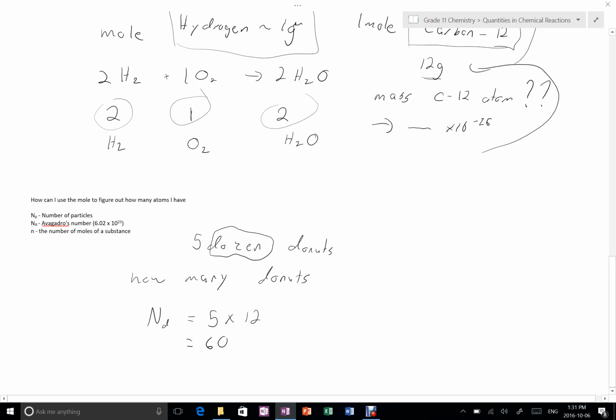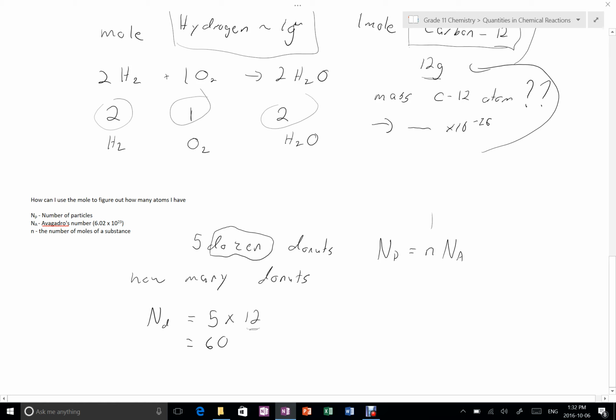We can apply that same basic reasoning to figure out the number of particles in a substance. The number of particles is going to be equal to the number of moles, which we represent with little n. I don't write n for moles, but that's just what they do, times Avogadro's number, as in the number of particles in an individual mole. See, 5 times 12 gave us 5 dozen.